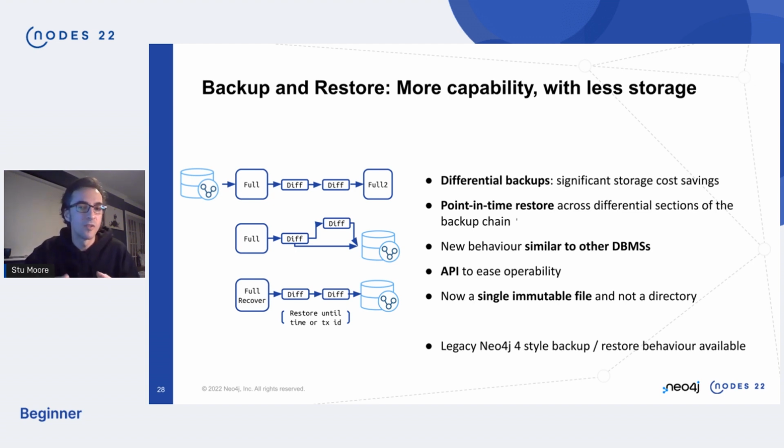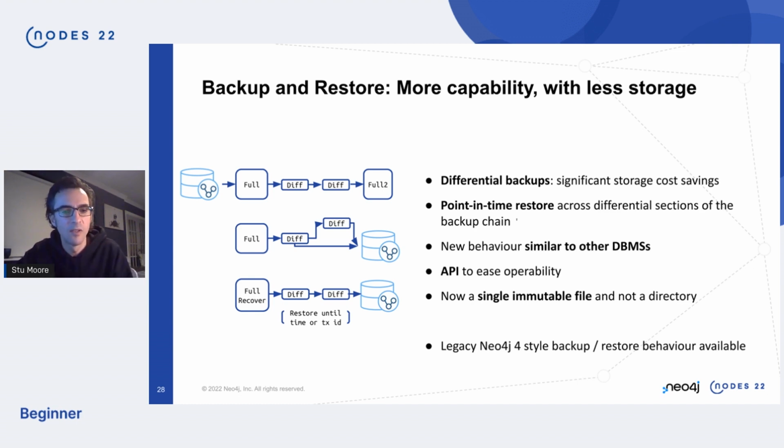You can do point-in-time restore within differential backups. So you can't do a point-in-time restore from a full backup. But once you've done a full backup, if you've got differentials, you can then go to any transaction or any point in time throughout that chain.